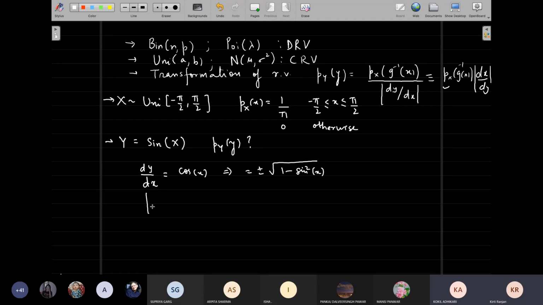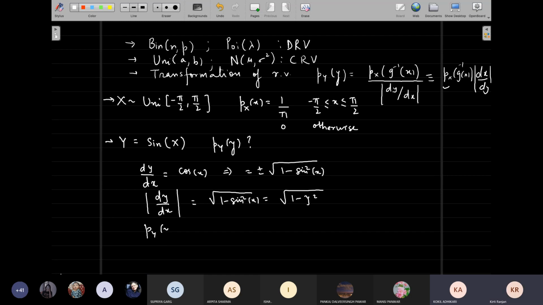But since we are going to take only the absolute part of dy by dx, we will retain only the plus one. So this will be 1 minus sin square x, or basically 1 minus y square. So let's just do this simple one.